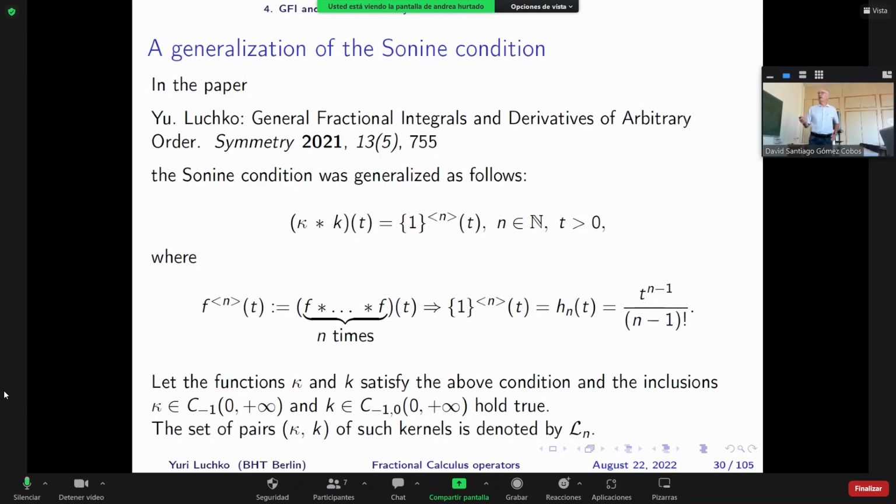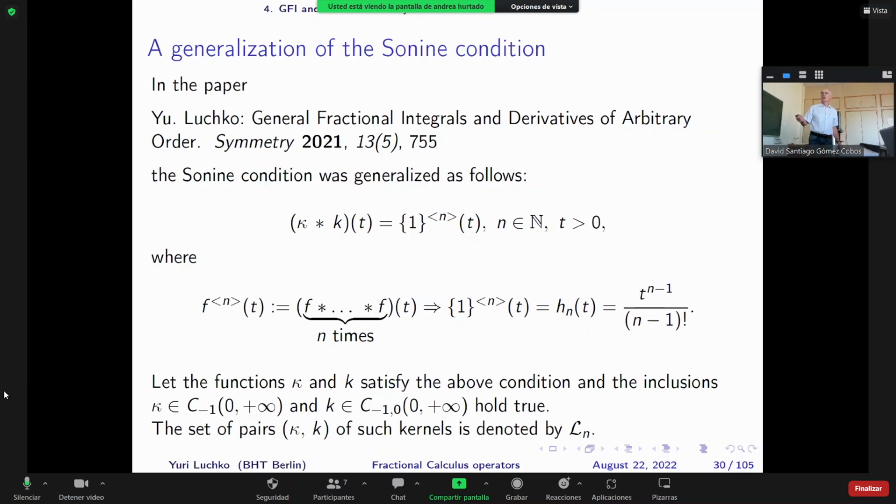And we continue to consider the kernels with the property that the first kernel, kappa, is from the space C_{-1}. It means that this kernel can have a singularity at the origin or not.